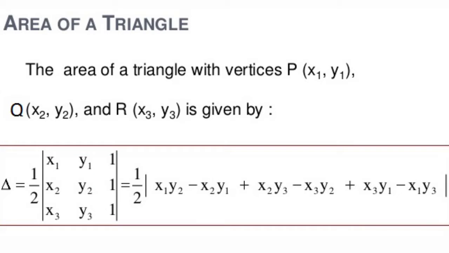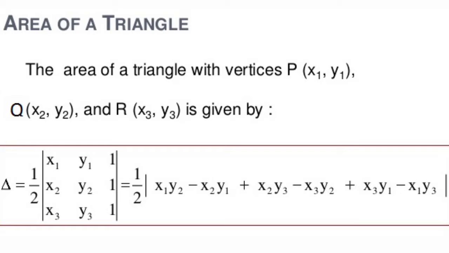So the area of the triangle with vertices P(x1, y1), Q(x2, y2), R(x3, y3) is given by delta = 1/2 times the determinant. In the first column x1, x2, x3, in the second column y1, y2, y3, and in the third column the elements 1, 1, 1.